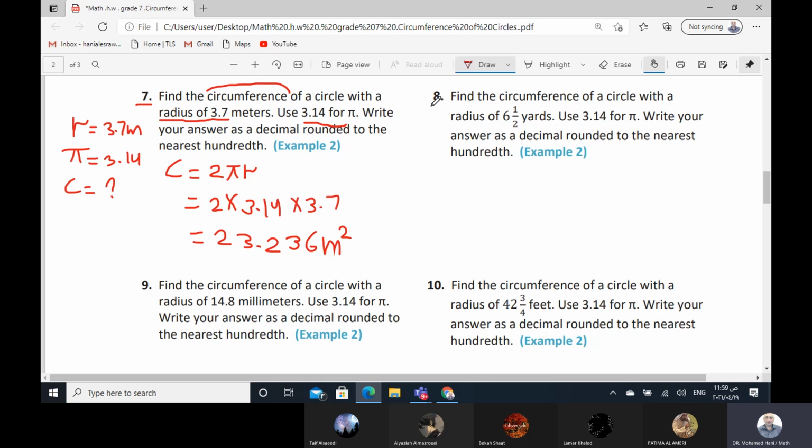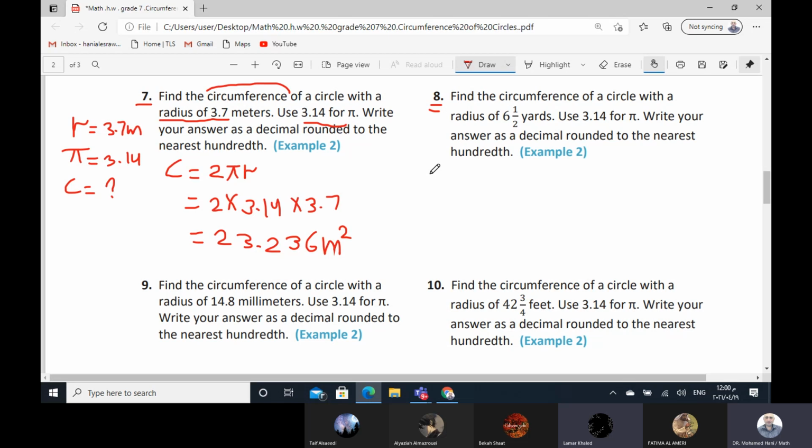Okay, thank you. Who can read exercise number 8, please? Okay, start, please. Find the circumference of a circle with a radius of 6.5 yards. Use 3.14 for pi.